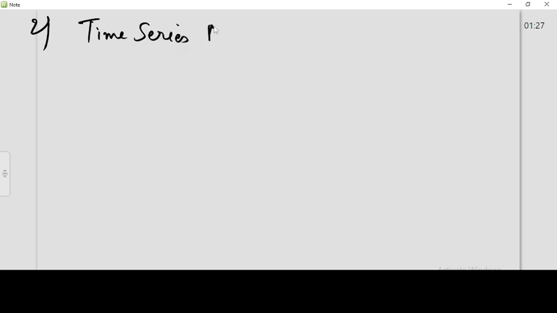The second one is your time series data. Okay, so this is fairly simple. You take data points on a single entity. You collect data on a single entity over a period of time. So this is time on the x-axis, and this is your variable, say y, whatever.